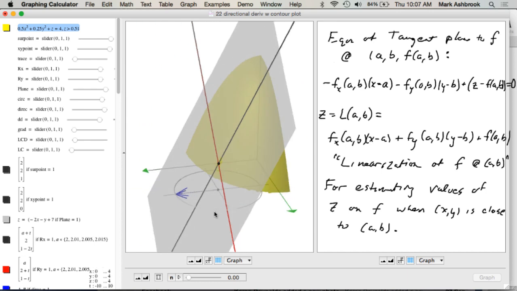Still see it? Good. Okay. So here I am at (a, b), right there at that point in question. And I'm going to change just a little bit. Just a little bitty change, a small change away from (a, b).